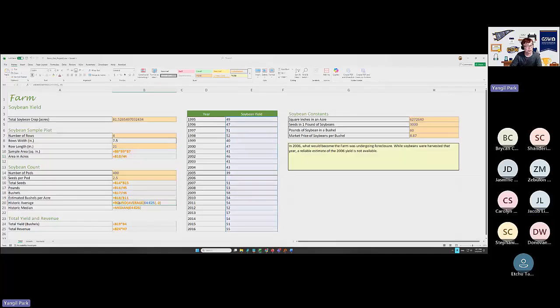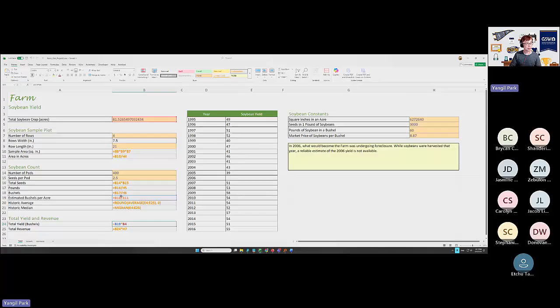Then the historic average, there comes the average for column E, which is given already. Then you take that and round the number to the integer, because the average is going to give you multiple decimal places. The median, that's for column E again. Then you're going to find total yields in terms of bushels.